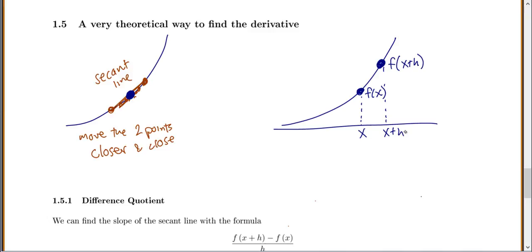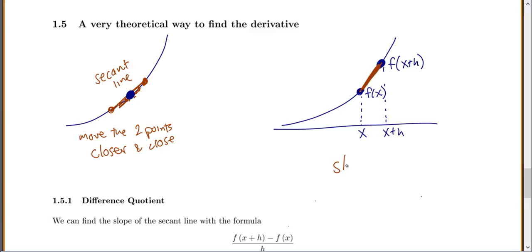We're not going to say x plus 1 or x plus 2 because we want it to be general, so we use the number h as a constant, any constant. It could be 1, 2, 3, etc. So you go over just a little bit, and so this y value is f of x plus h. And we want to find the slope between these 2 points. So what is the slope between these 2 points?